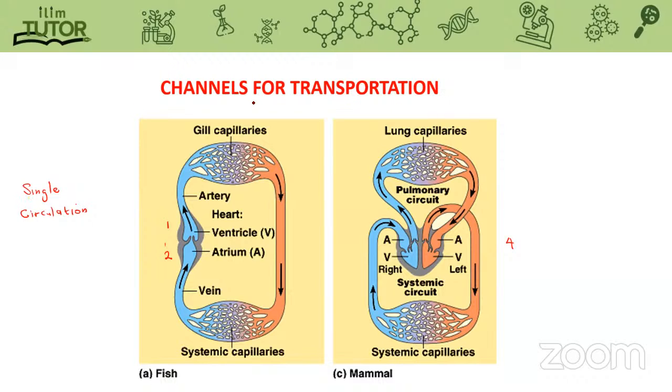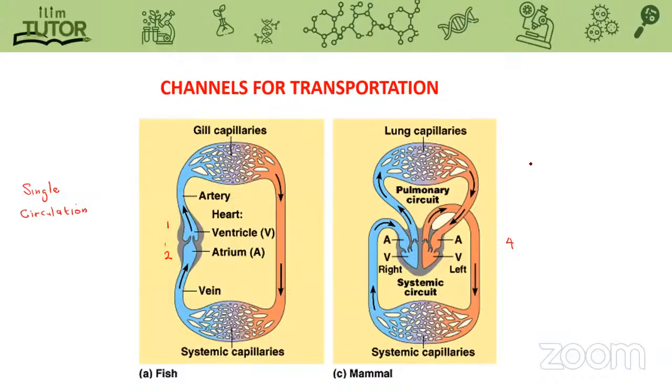We can see that blood, okay, is being pumped by the ventricles to the gill capillaries where they are oxygenated. After oxygenation, they are transported to the different sections of the body where the oxygen within this blood is utilized by the various cells in the various tissues. The deoxygenated blood comes back to the atrium and the cycle repeats itself once again.